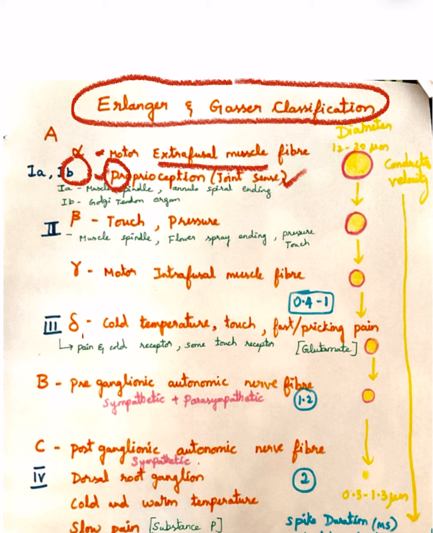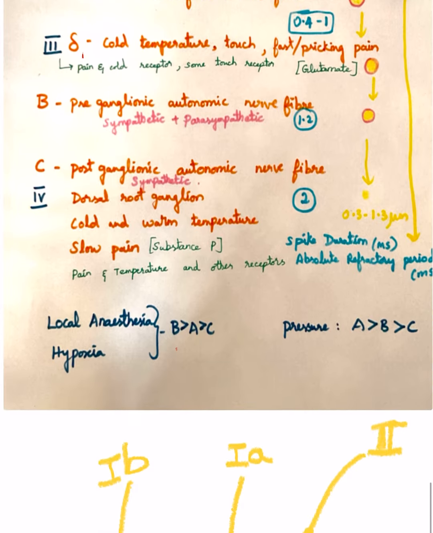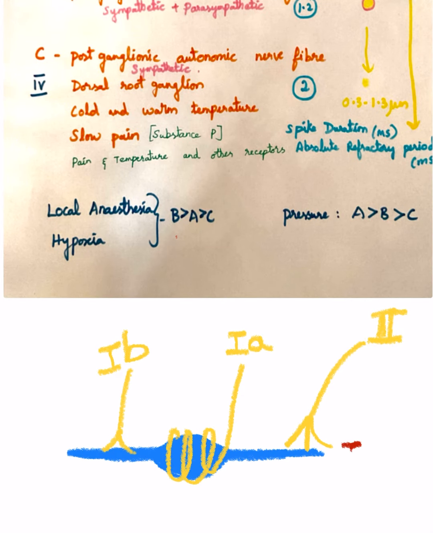And the receptors concerned with 1A and 1B: if the 1A carries the sensation of motor extrafusal fibers, then the afferent will be the annulospiral ending or muscle spindle. Remember this as an intrafusal muscle fiber. In this intrafusal muscle fiber, the center part is bulged and it is a nucleus, and then there are the endings or peripheries.